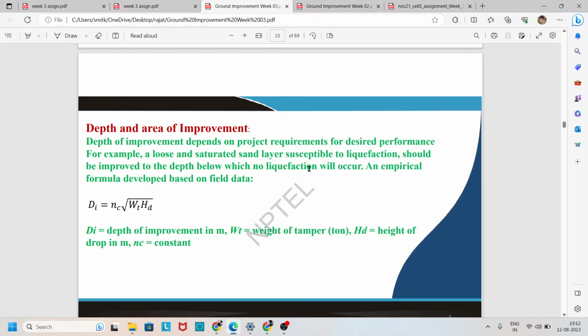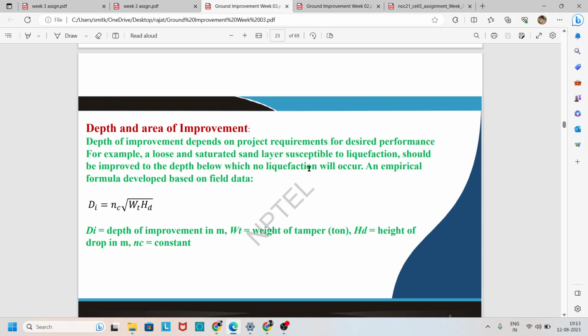Actually, the depth of improvement depends on the project requirements for desired performance. For example, a loose and saturated sand layer susceptible to liquefaction should be improved to the depth below which no liquefaction will occur.